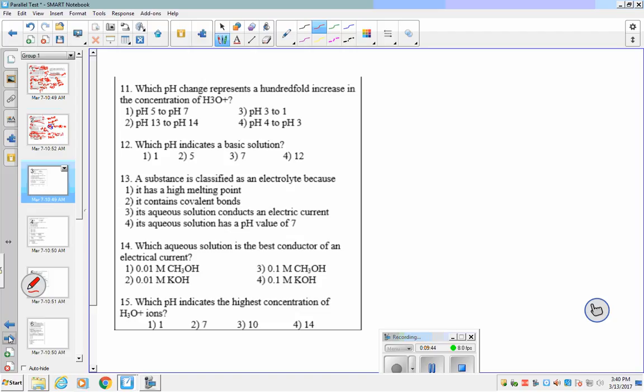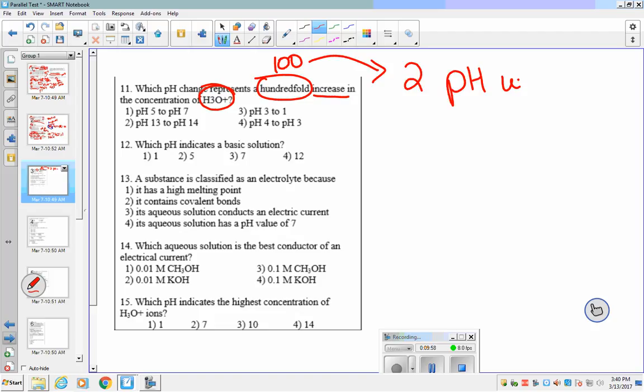Number 11, which pH change represents a 100-fold increase in the concentration of hydronium? Now remember, a 100-fold change means we have 2 pH units of change. And we're talking about increasing our H3O plus, which means we're getting more acidic.